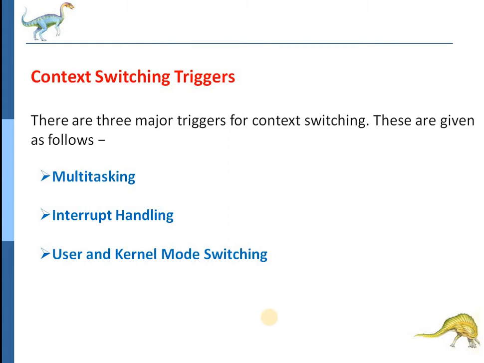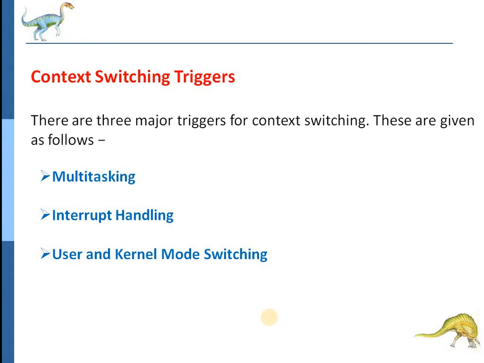There are three triggers: multitasking, interrupt handling, and user and kernel mode switching. Multitasking: because of multiprogramming, more than one program is being executed at the same time, so it is necessary to save the state of the old process and reload the new process into the CPU.